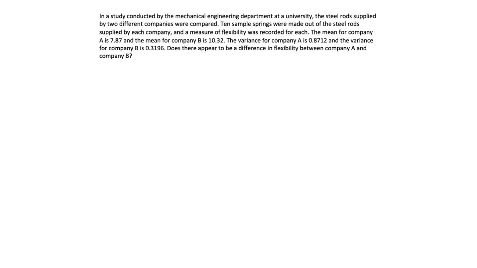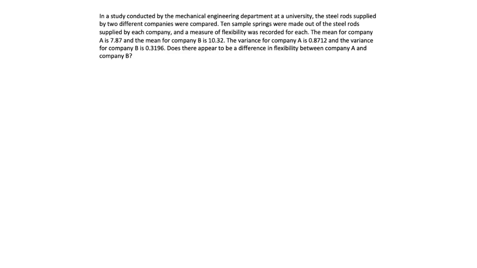In a study conducted by the Mechanical Engineering Department at a university, the steel rods supplied by two different companies were compared. 10 sample springs were made out of the steel rods supplied by each company, and a measure of flexibility was recorded for each. The mean for Company A is 7.87, and the mean for Company B is 10.32. The variance for Company A is 0.8712, and the variance for Company B is 0.3196.